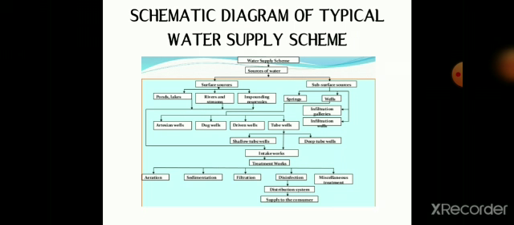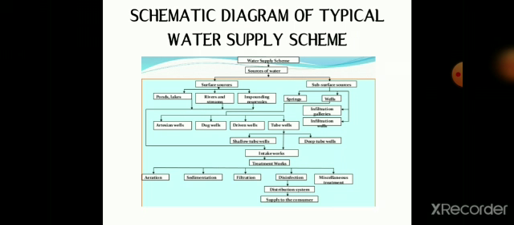Next one is the wells. Wells are further classified as artesian wells, dug wells, driven wells, and tube wells. Tube wells are of two types: shallow tube wells and deep tube wells. Next one is the infiltration wells and infiltration gallery. The groundwater is tapped by artificial means by constructing infiltration wells and infiltration galleries.